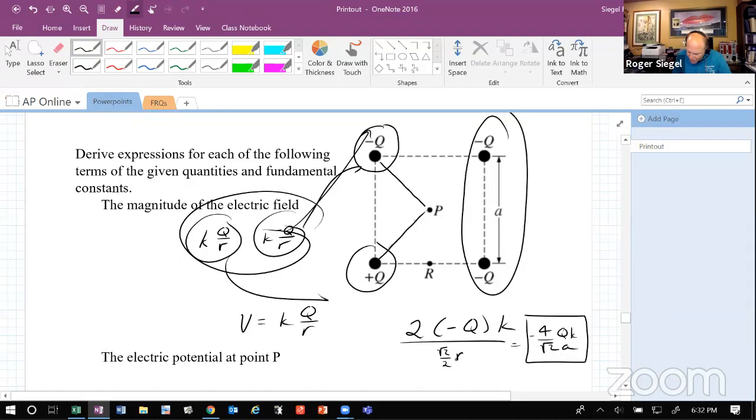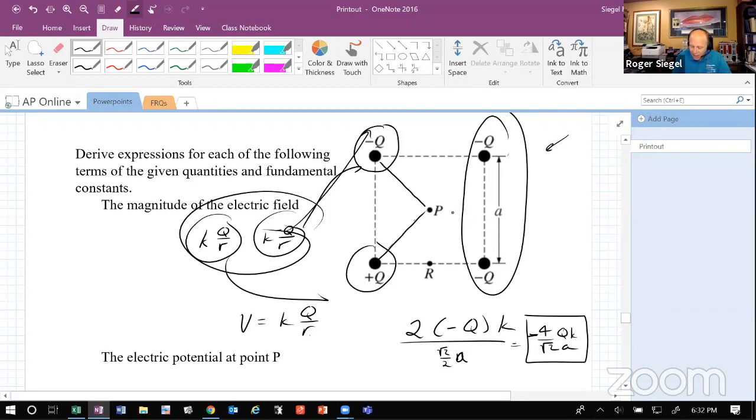I said R, I should have said A, which was correct. This is R. So that is the electric potential at the middle. Notice it is negative because I've got these 2 negative charges that do not cancel. And so that's my electric potential.